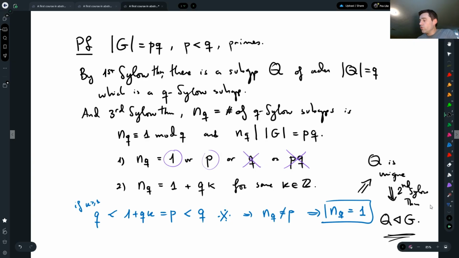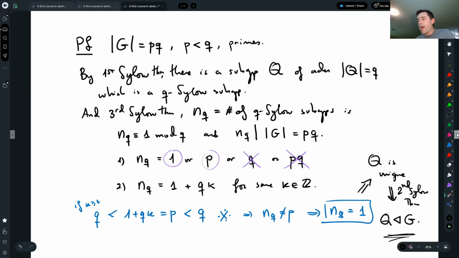Okay, so Q is normal in G. Maybe I should state that separately as a theorem, the fact that this is a consequence of the second Sylow theorem when we have a unique Sylow, but in any case, I will do that in a moment. Let's finish this proof first.